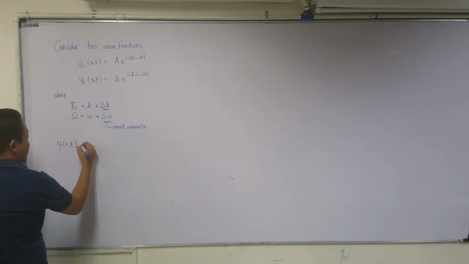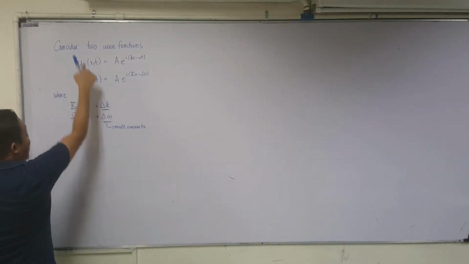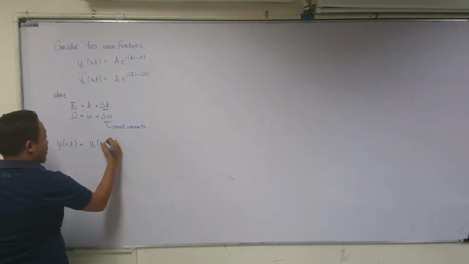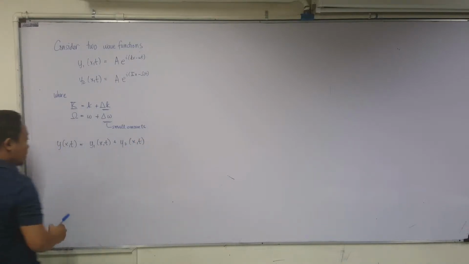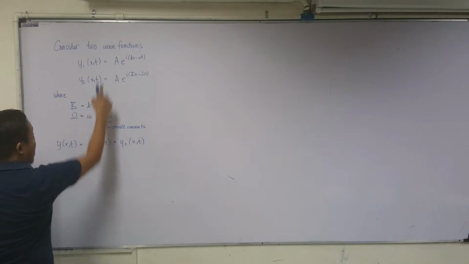another solution can be derived from these two solutions, wherein we can just take the sum of these two solutions. So this is y1 plus y2. If we add them together, we have the following.